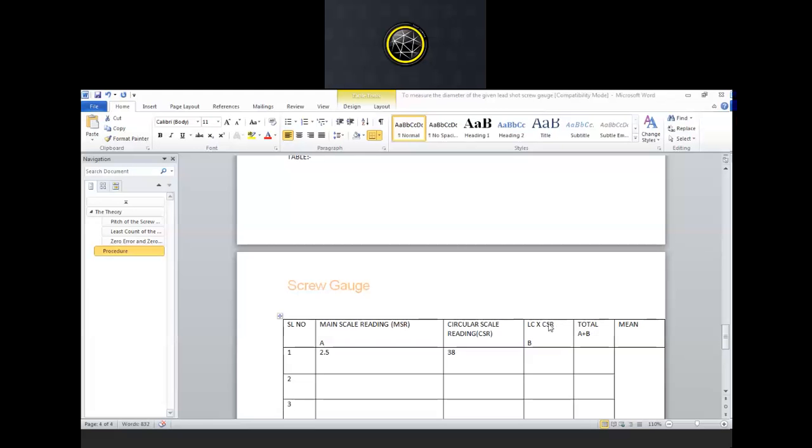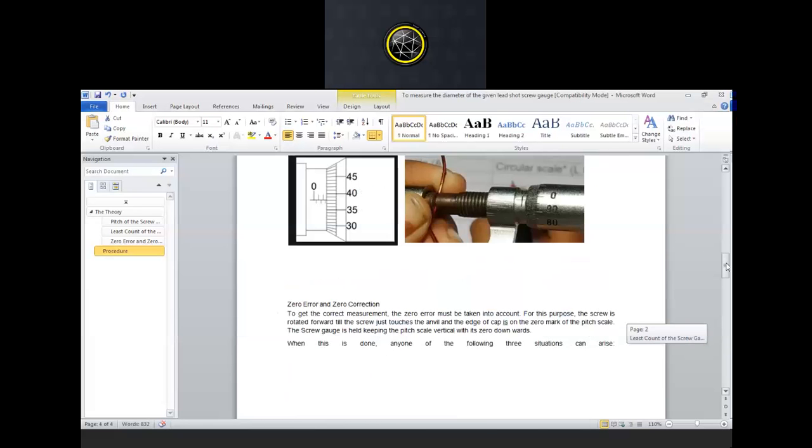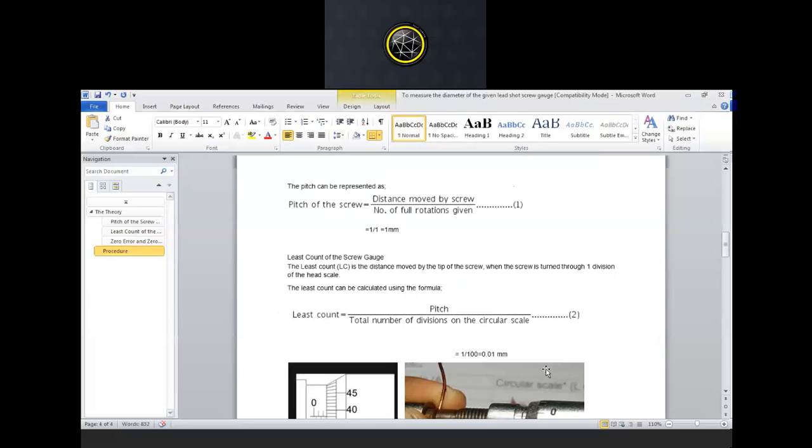See, least count multiplied by CSR. That means what? CSR was 38. Least count was, see, this one is least count.